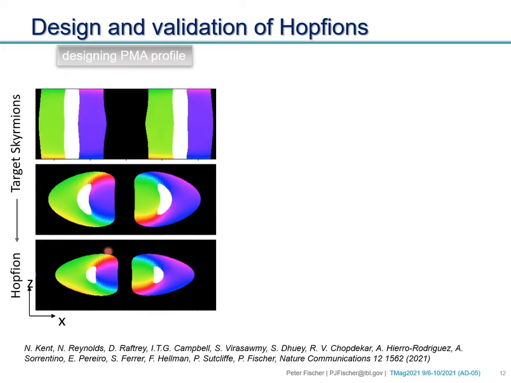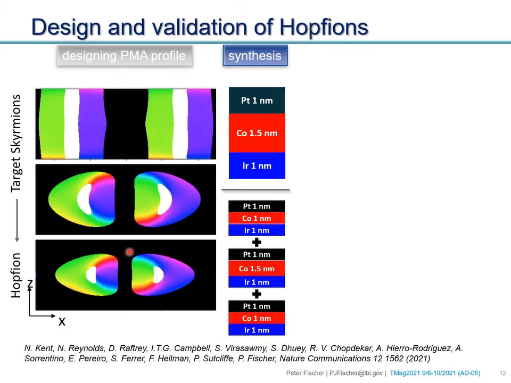So this is a schematic of how we actually synthesized the samples, these multilayers. What you can see is that the target skyrmion up here had a uniform cobalt layer thickness between the platinum and the cobalt. But the difference for the Hopfion is that we tailored the PMA profile across the thickness by reducing the thickness of cobalt in the top and the bottom layers here.